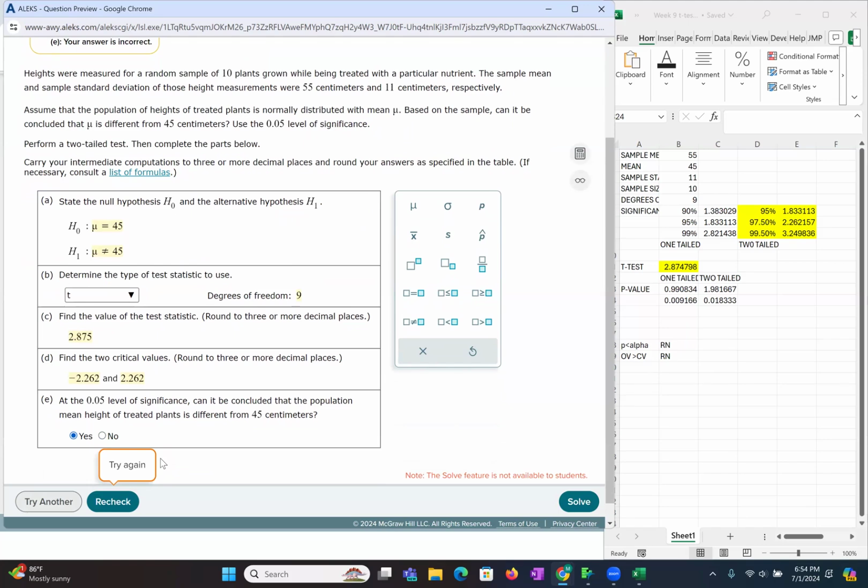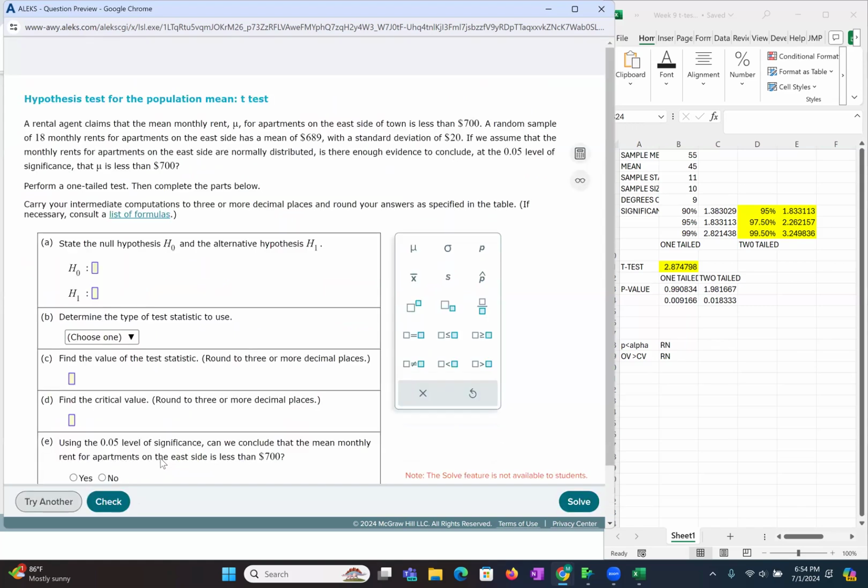All right, let's try another one of these. So we're going to say that mu is equal to 700.